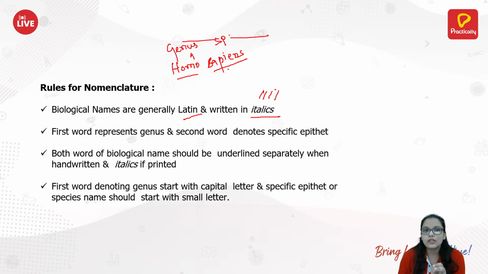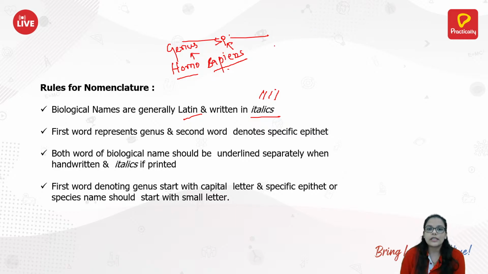So Homo is genus and sapiens is species. Now, we have underlined it also. And the first word, the genus, will always be in capital, and the second one will be in small. We cannot write big S. Here it will be small.